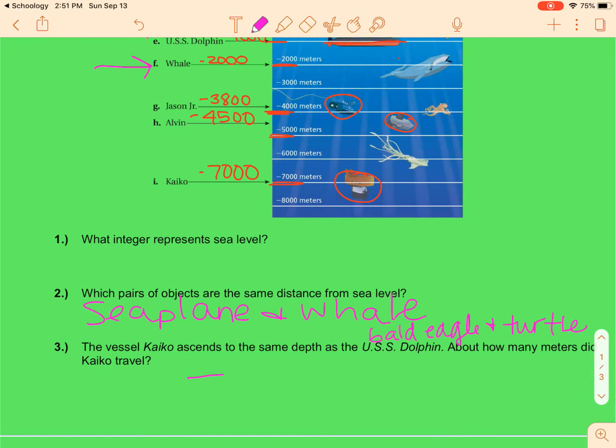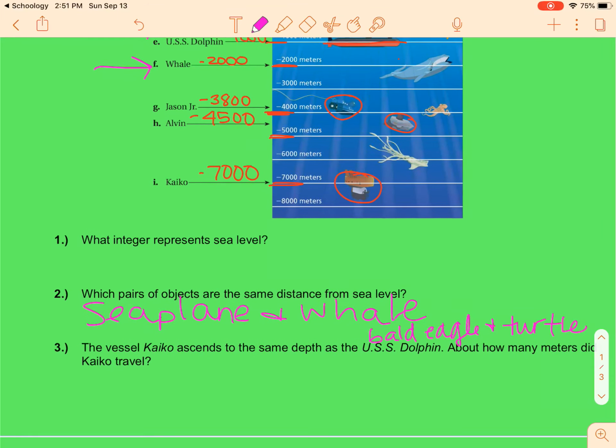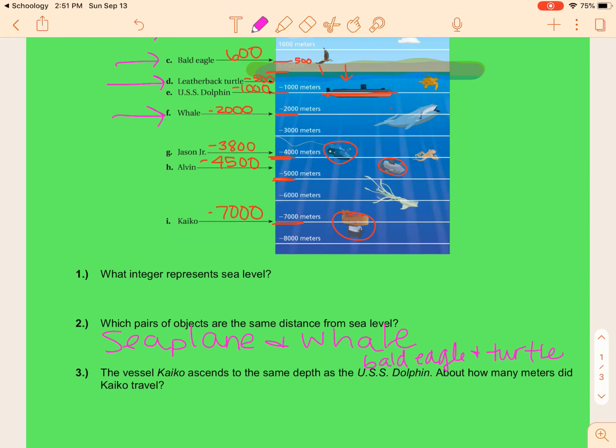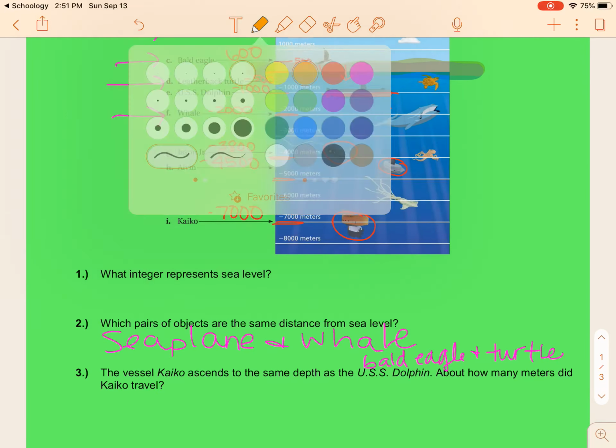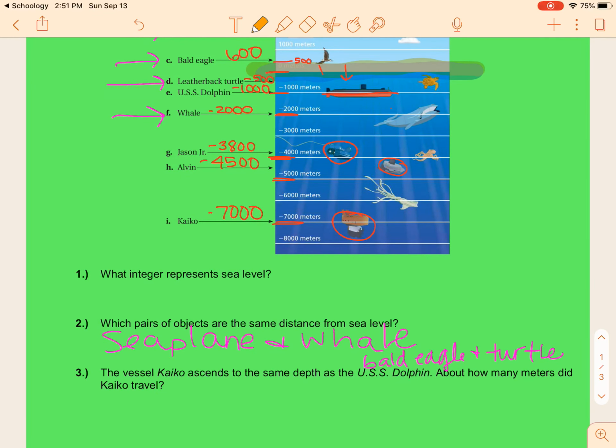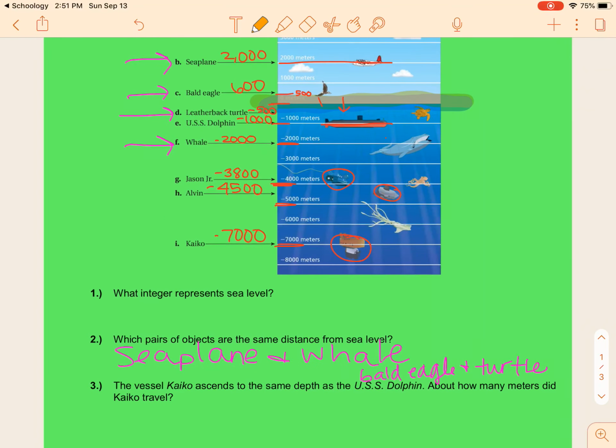Now we're going to look at number 3. The vessel Kaiko ascends to the same depth as the USS Dolphin. About how many meters did Kaiko travel? Ascends means rises up. So if Kaiko is going from negative 7,000 rising up to negative 1,000, how many meters is Kaiko traveling?